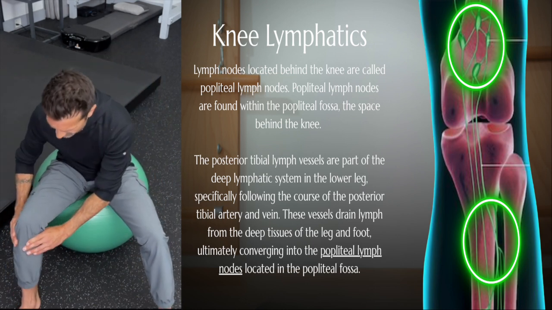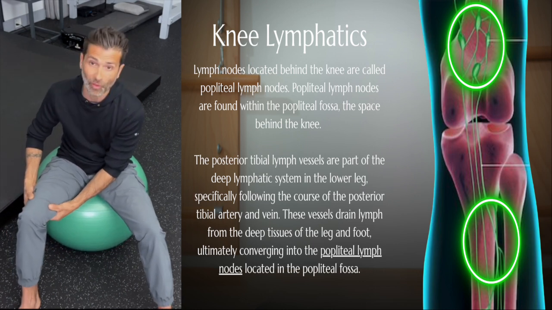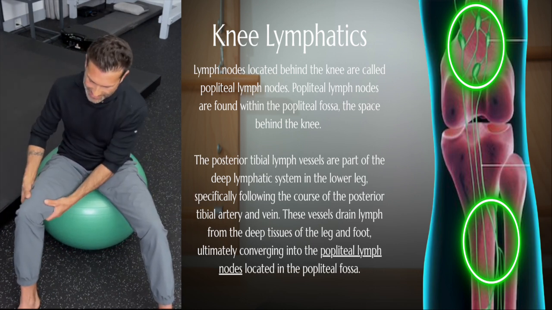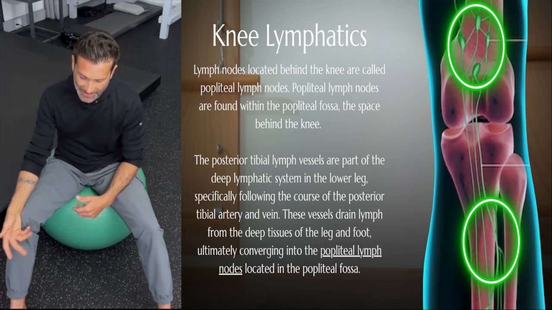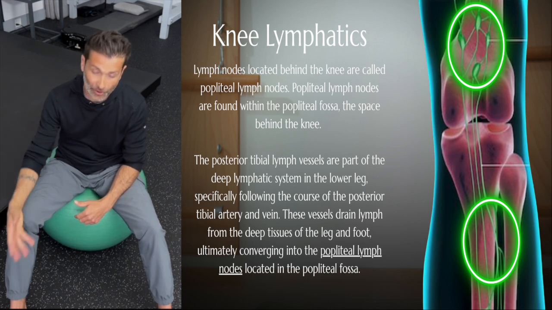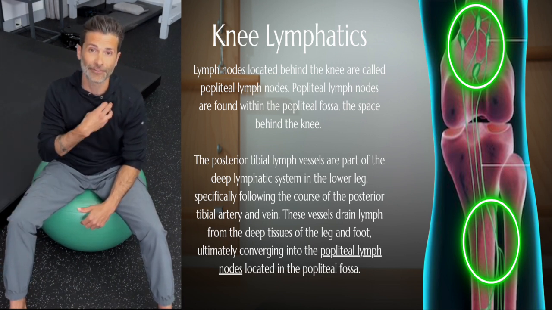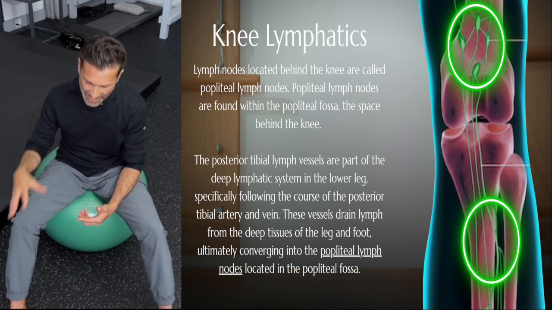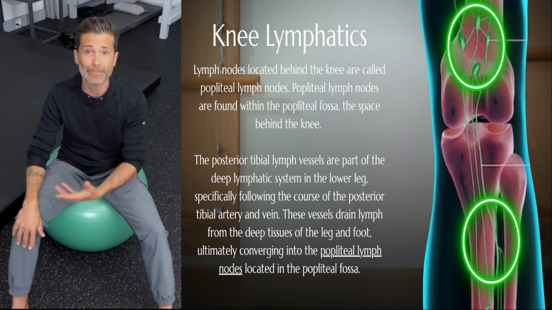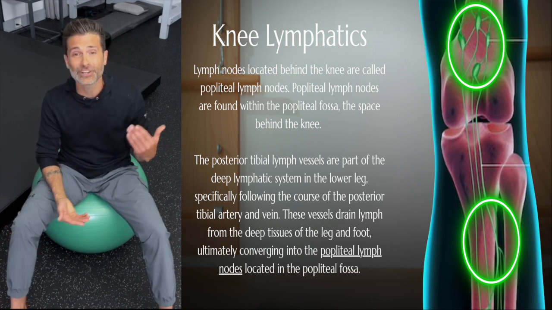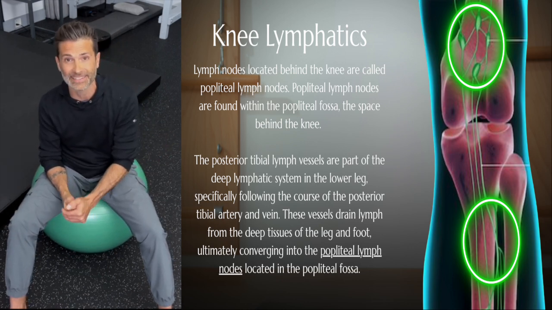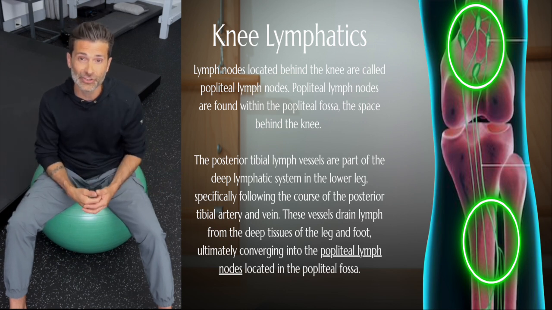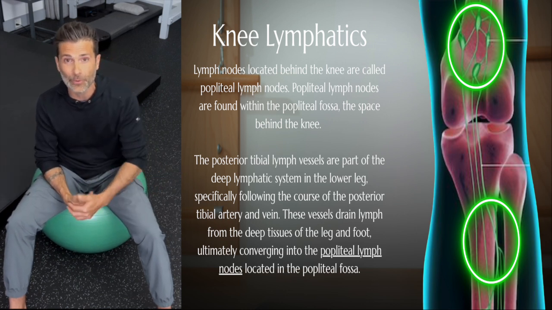Now, when we have restrictions in our lower body, so below the waist, our feet are the furthest point away from the end point of the lymphatic system. This circulates everything back up. So if we have restrictions down here, it's going to impact everything. Actually, restrictions anywhere in the lymphatic system influence inflammation everywhere in the body.